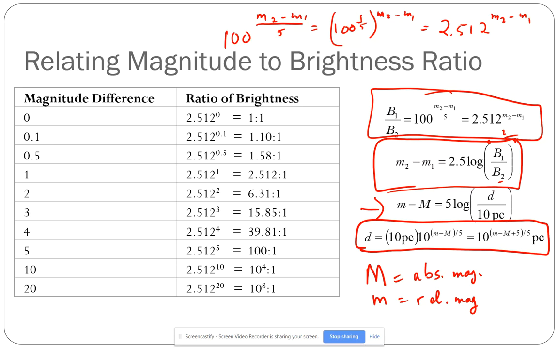So this 10 here disappears because we added a 5 over 5. 5 over 5 is 1 to the exponent. So these two equations are exactly the same in meaning. This one here is generally going to be easier to calculate because it's just one less step. So be able to determine the distance if you know the absolute versus apparent. Be able to determine the difference in brightness if you know the two apparents.